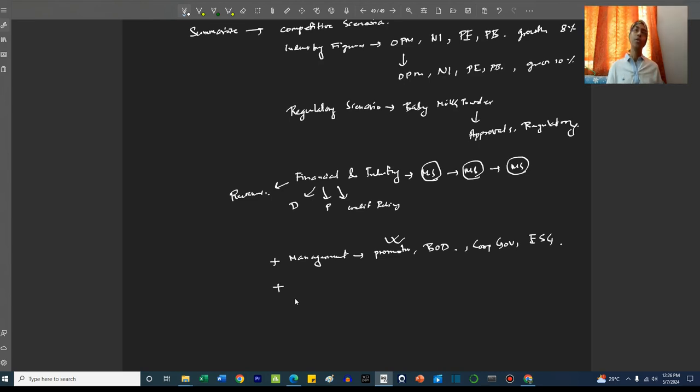Then we move into certain other aspects like business specific parameters. For example, what are the segments they are operating in? What are the segment growth rates? What are the geographical growth rates? If the company has subsidiaries in foreign countries or different geographies, how are each of them performing?